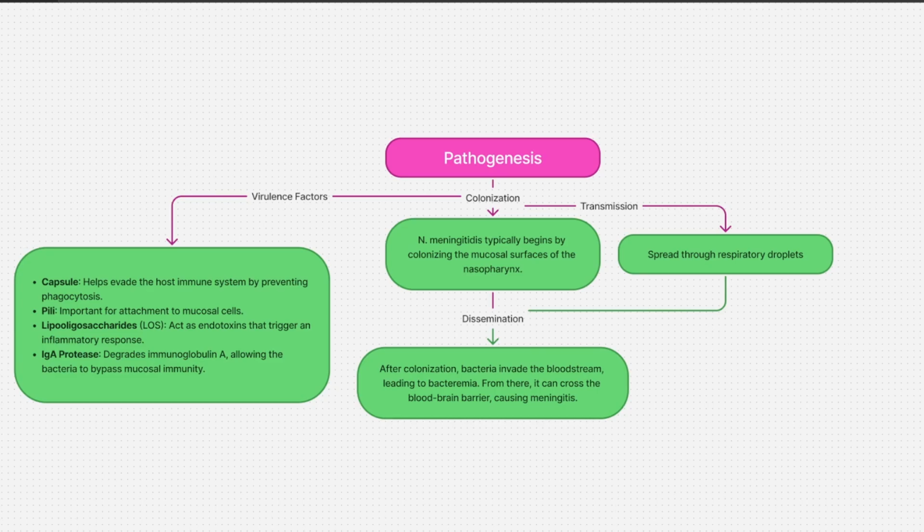The last one is the IgA protease. Now, IgA is immunoglobulin A. It is an antibody of the human immune system, and this specific protease can break it down, which is also another mechanism to bypass immunity. Now, colonization, we talked about it, that they're usually present on mucosal surfaces of the nasopharynx.